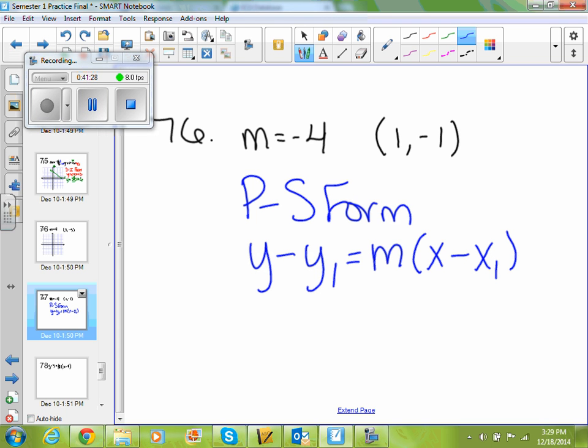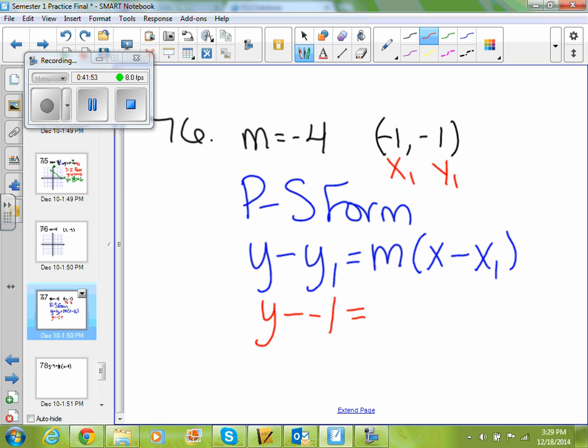So I'm given a slope, which we use the letter m to represent slope, of -4. And then I'm given a point -1, -1. So then this is my x1, this is my y1. So y minus -1 equals m.